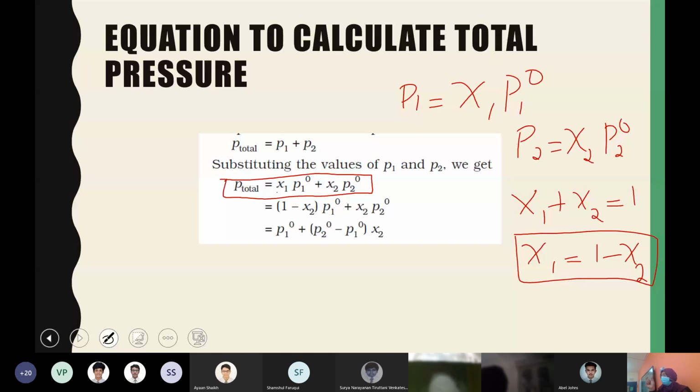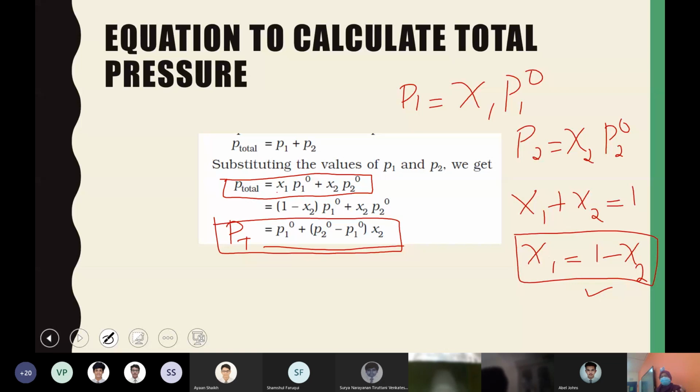That means you are bringing both the chi1 and chi2 in terms of one of the component. Right? So chi1 is replaced with 1 minus chi2. So this is what you are doing, and finally you will get an equation P total is equal to P1 0 plus P2 0 minus P1 0 into chi2.